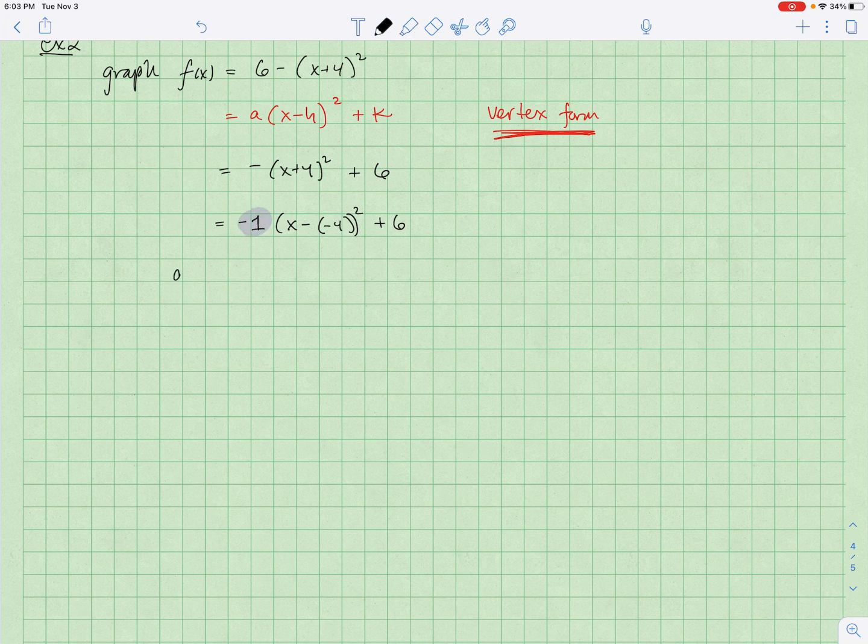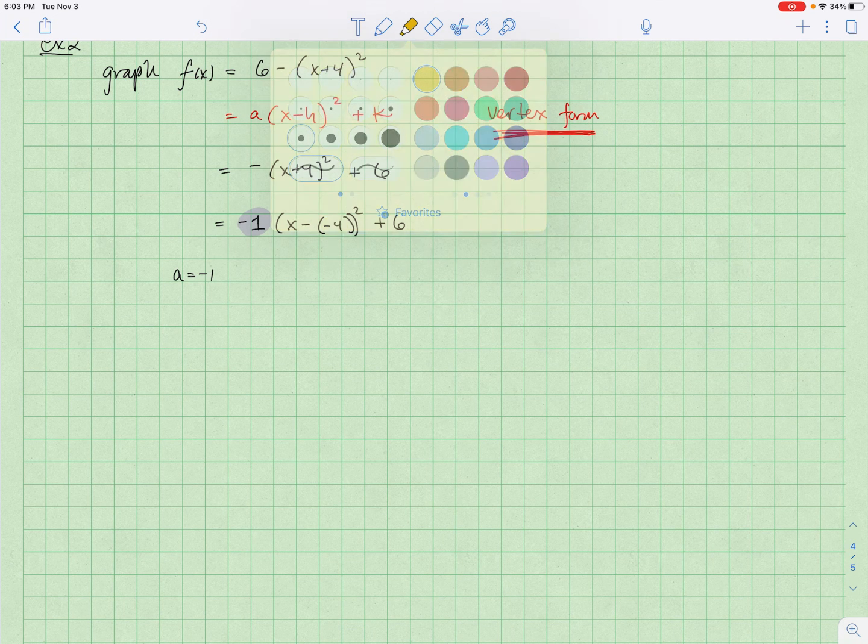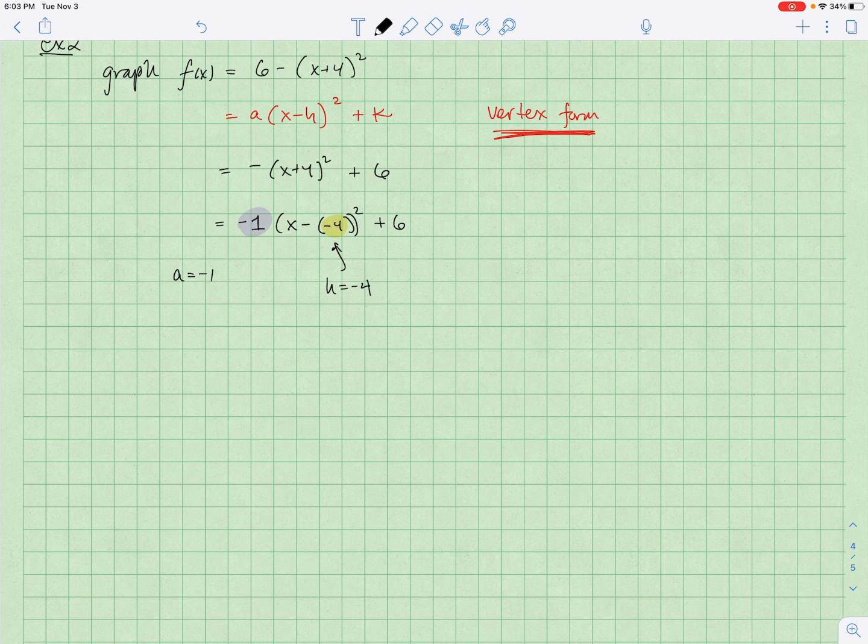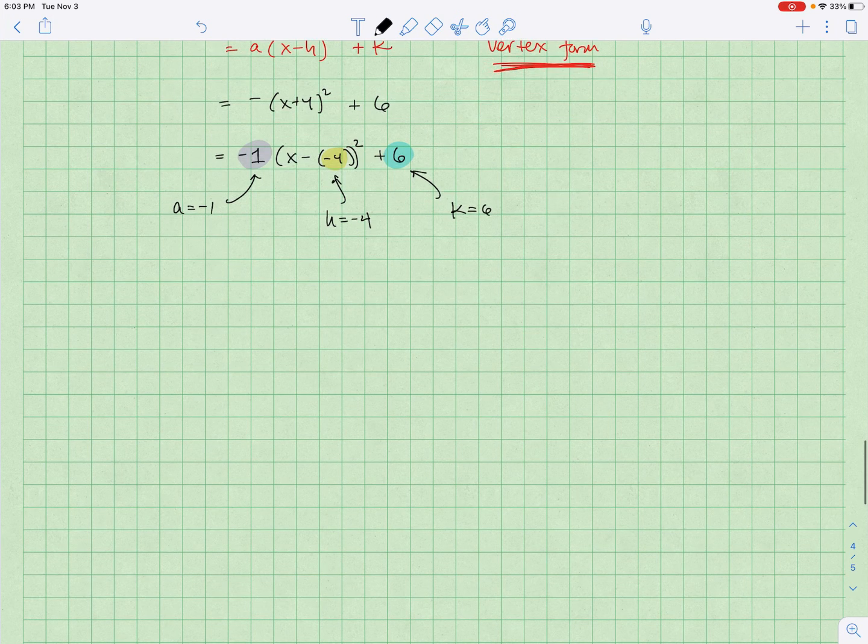Here, a is negative 1. h is negative 4. And k is equal to 6. So what does that tell me?